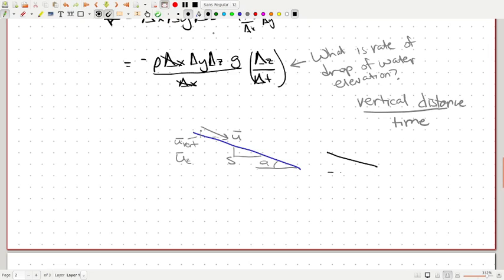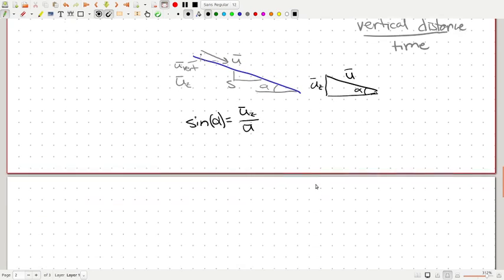The hypotenuse of this triangle is this u bar term. U bar sub z is this, and over here we just have alpha. And so we have opposite over hypotenuse. Therefore, we know that sine of alpha is going to equal the opposite, so u bar sub z over u bar.